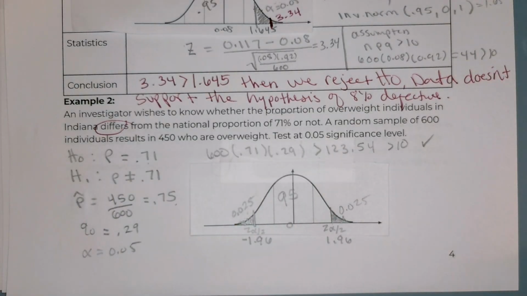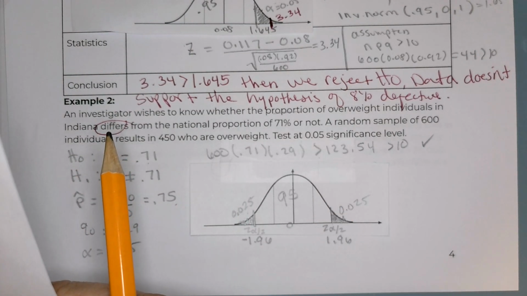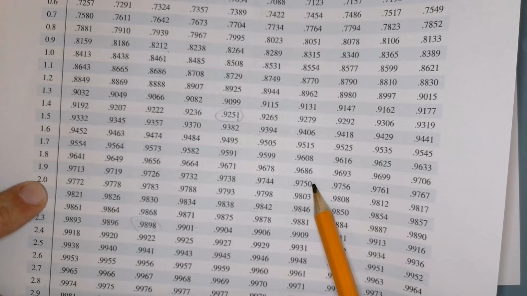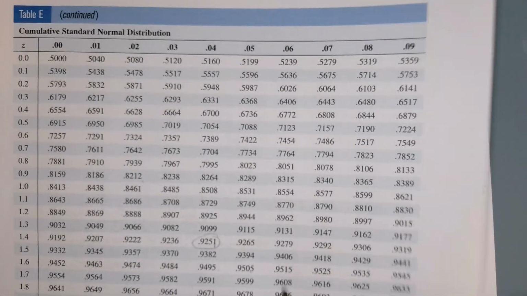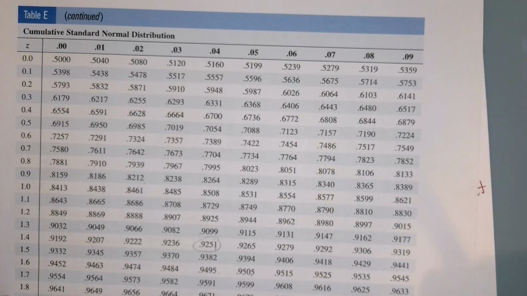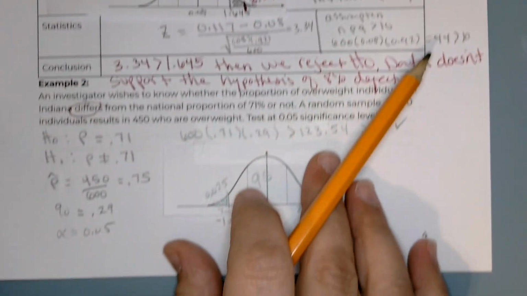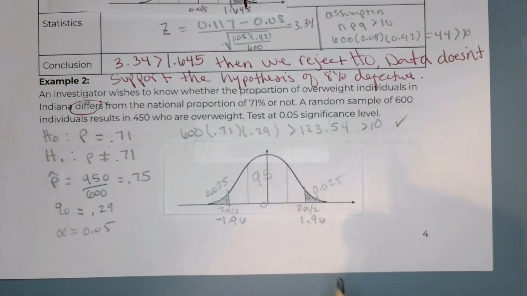I wonder if I have this right here. Hang on, I'll look. Yeah, here it is on the table. 0.975 is 1.96. And then because it's a normal distribution, it's symmetrical. So one is positive 1.96 and one is negative.